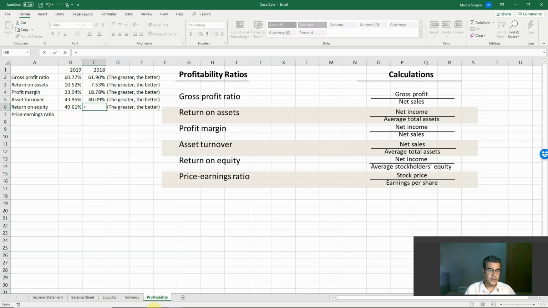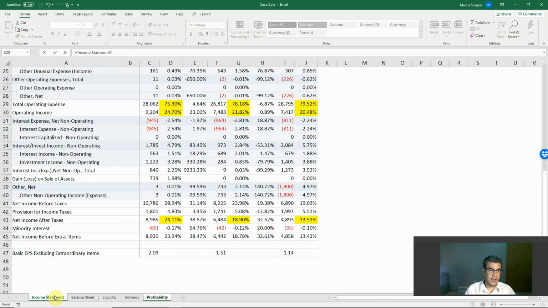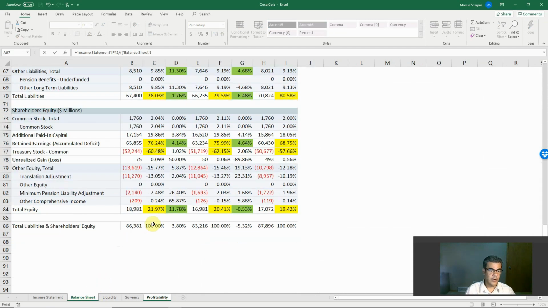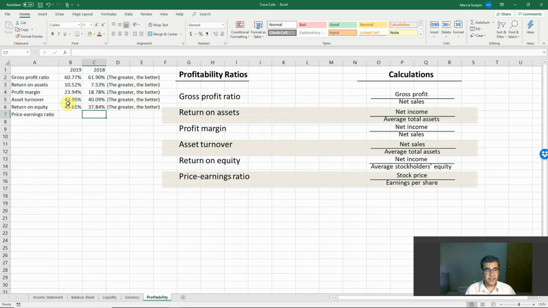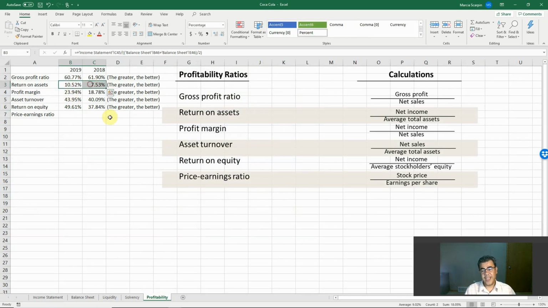Okay. So return on equity, net income again, divided by our equities. 2018, 2017 divided by 2. So 37 again increases a lot. So that is good.